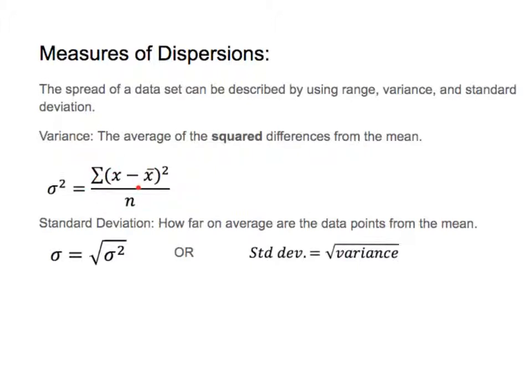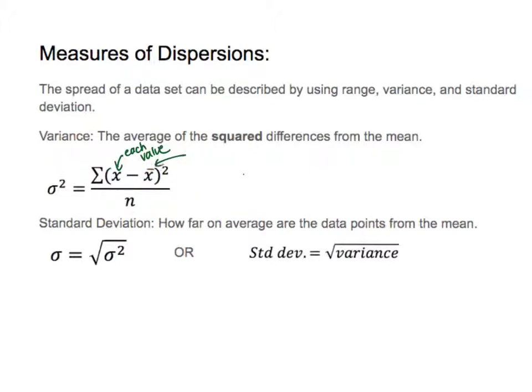Let's start with inside these parentheses. This x value here is each data point, so you would plug each of your values into this x. Now, this x is different from this x. This x here, you might have noticed, has a line above it. That is significant.